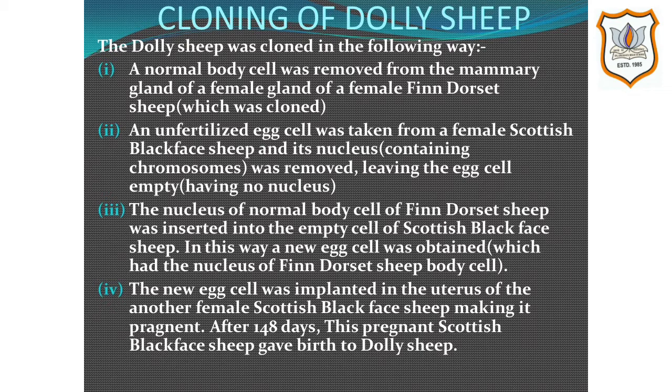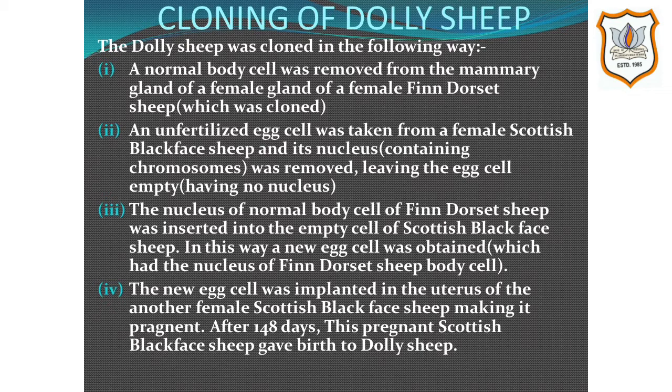Second step is an unfertilized egg cell was taken from a female Scottish black-faced sheep and its nucleus containing chromosomes was removed, leaving the egg cell empty, having no nucleus.